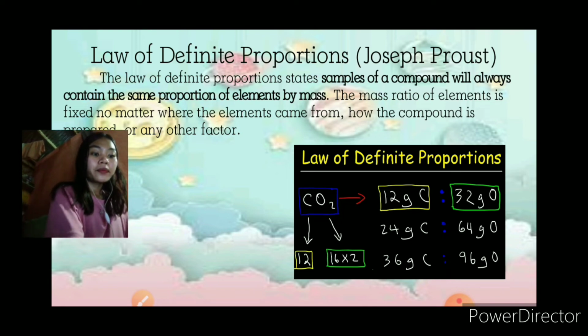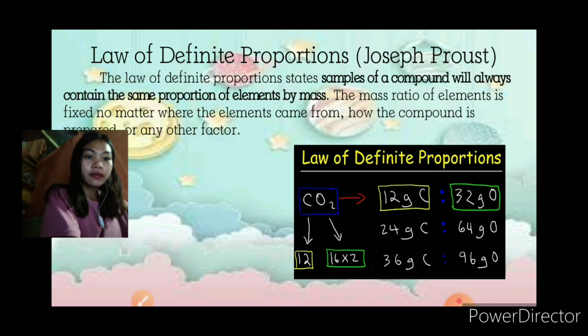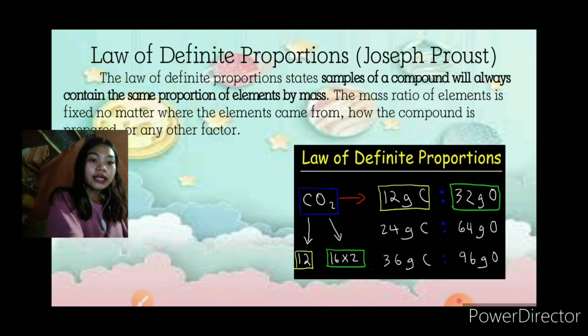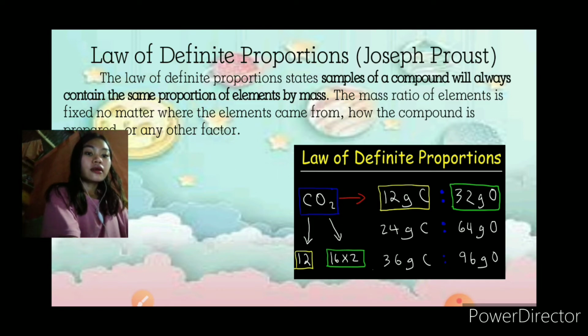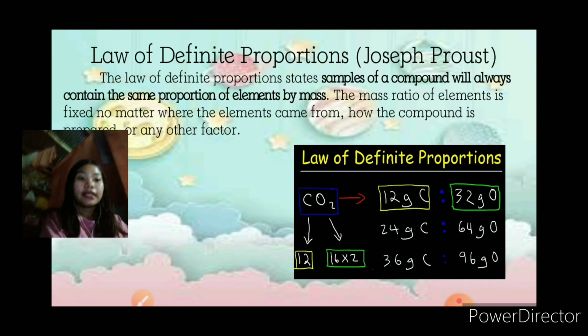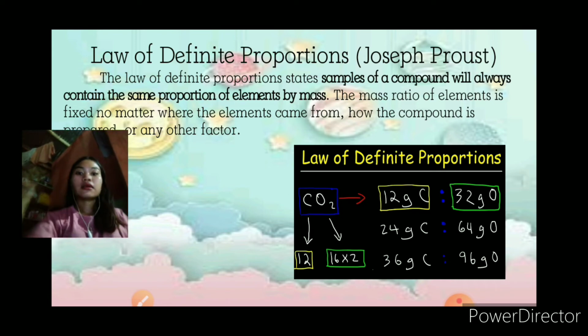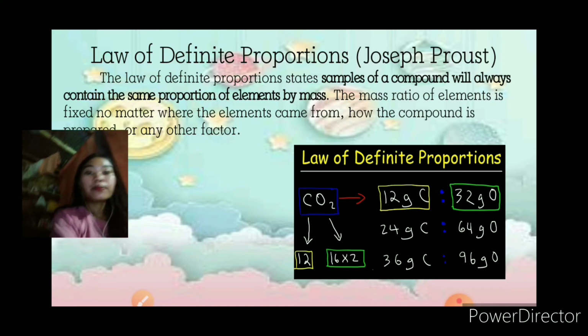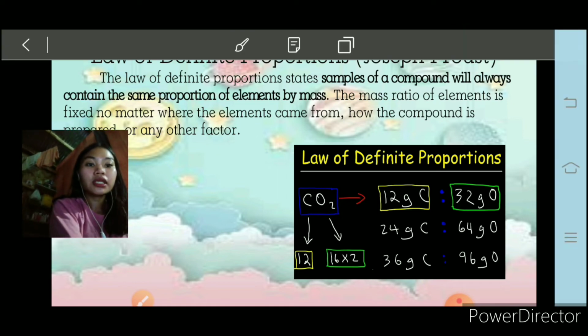So, ang ratio ana is 2.67. Pag i-divide nimo siya, ang 32 by 12, nakuha kag 2.67. Tapos kani pod, ang isa kining 96 grams of oxygen, i-divide nato siya kang 36 grams of carbon, parehas lang gihapon ang ratio, 2.67 lang gihapon pag inyo na siya i-divide. So mao na siya ang law of definite proportions ni Joseph Proust.